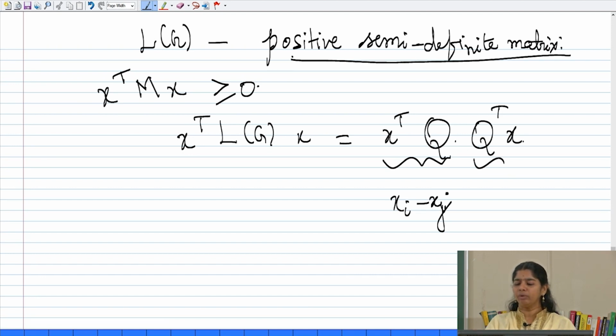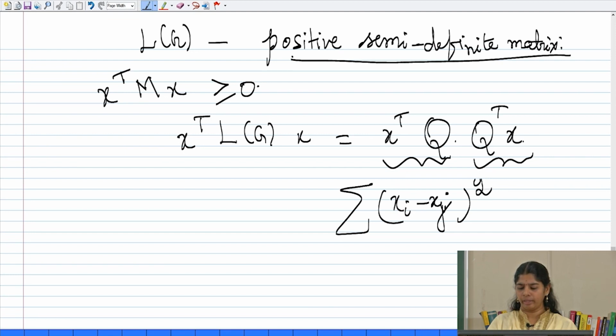Similarly, if you look at x transpose Q transpose, there also you will have similar entries xi minus xj coming into the picture. So, this product in itself translates to the summation of xi minus xj the whole square. One xi minus xj comes from one side and the other one comes from the other side, for every edge in the graph. Whenever i is adjacent to j, we have this expression.